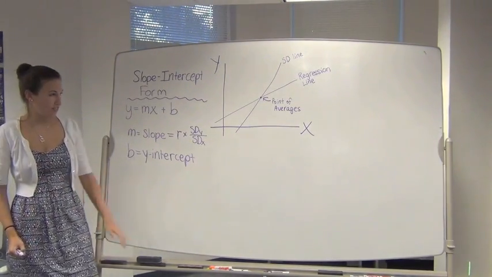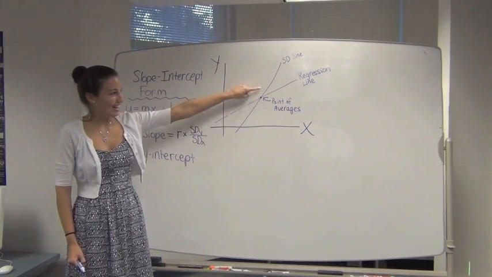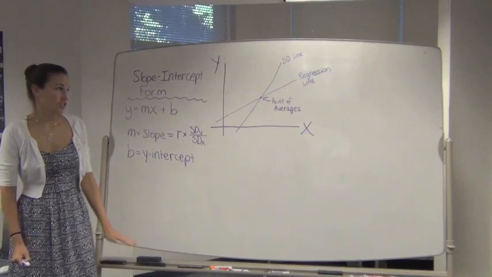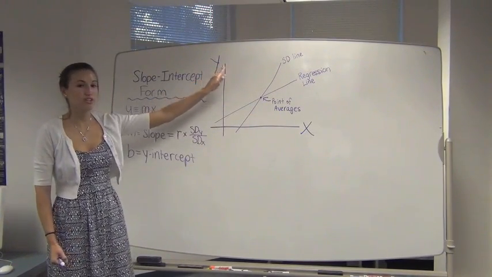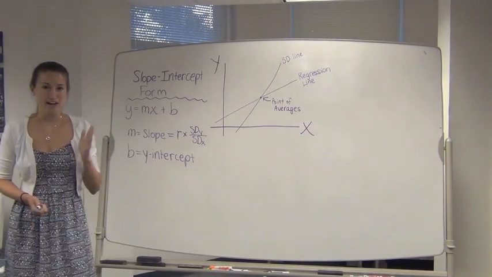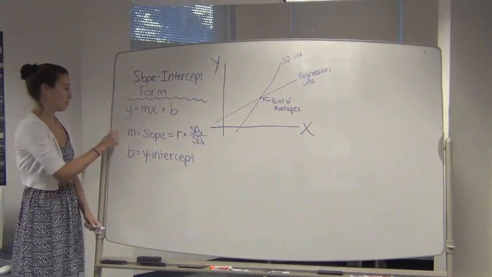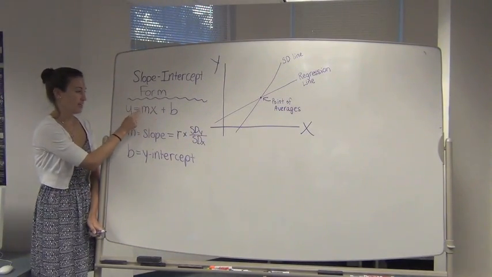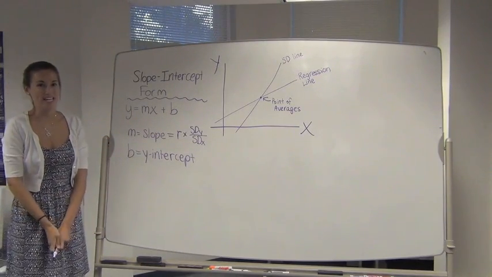The point of averages, or as you can see right here on this graph, where the SD line and the regression line intersect, is always going to be on the regression line. So we'll always know that point, the average value of x and the average value of y, even if we're not given a list of x's and y's. So that's how we're going to solve for our y-intercept. We're going to plug in the average value of y, the average value of x, and then our slope, so we'll only have b, our y-intercept, remaining.